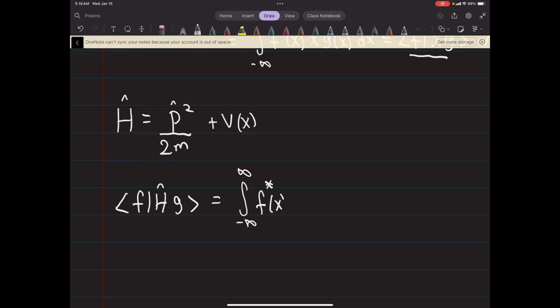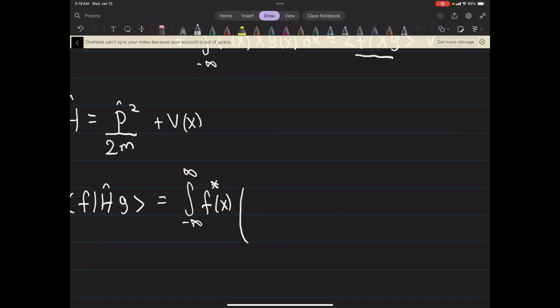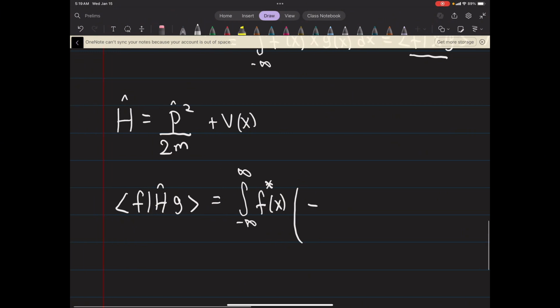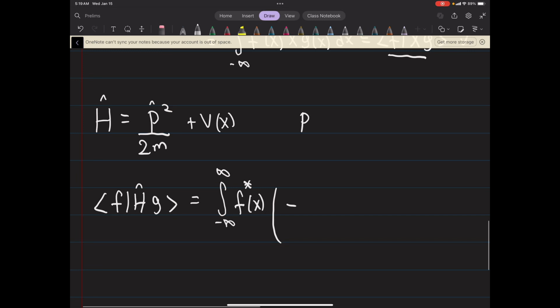Now what we're going to do is we're going to insert our Hamiltonian. So remember that p hat is equal to minus i h bar d by dx. So you can have this operate again.